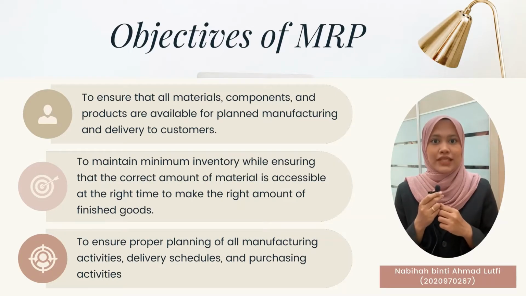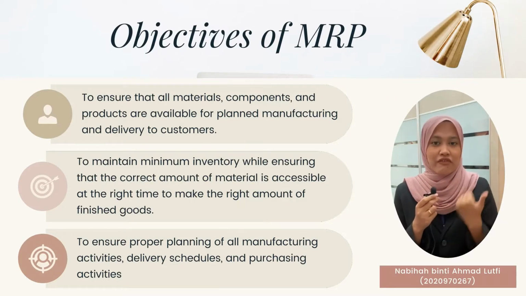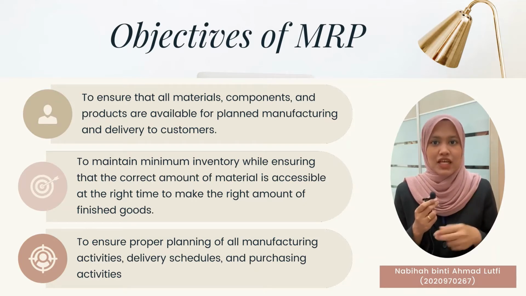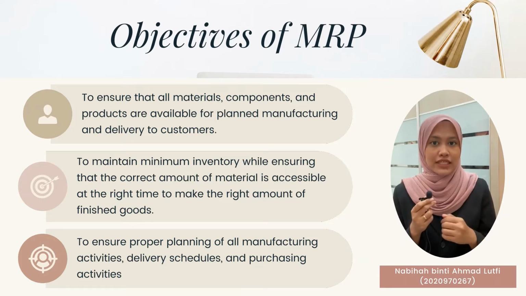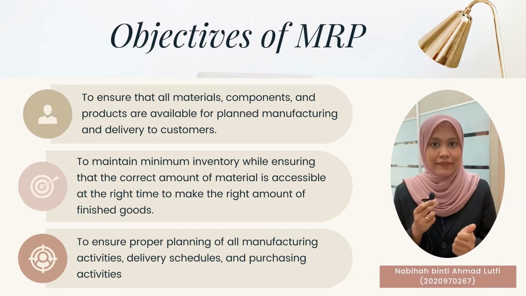Next is the objectives of MRP. First is to ensure that all materials, components, and products are available for planned manufacturing and delivery to customer. Second, to maintain minimum inventory while ensuring that the correct amount of material is accessible at the right time to make the right amount of finished goods.